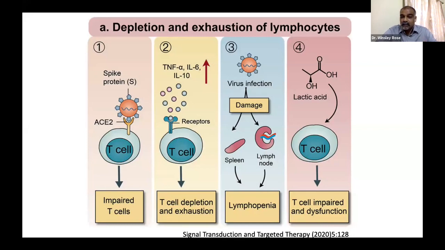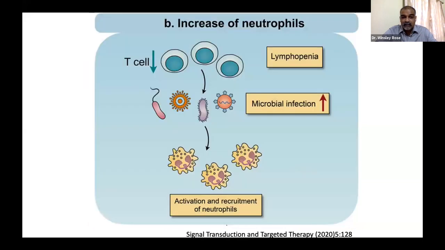So the first thing that happens is the decrease in the lymphocyte number as well as the function. Next, there is an increase in neutrophils. Now, this increase in neutrophils is likely because of lymphopenia and associated microbial infection. This microbial infection causes activation and recruitment of neutrophils to the site of infection, causing an increase in the number of neutrophils.